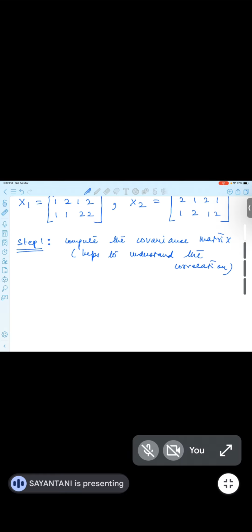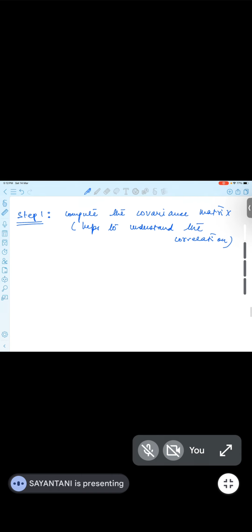So how are the channels correlated among themselves? That is what the covariance matrix provides us. We had done an example in the last class, if you remember. So let's calculate the covariance matrix C1.